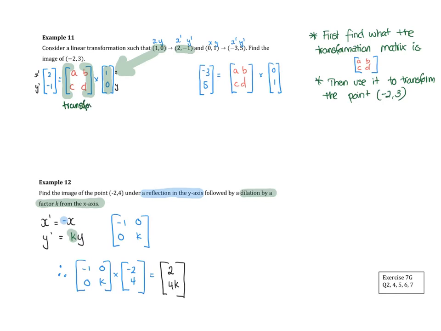We don't know what it was, so I've put letters in the spots I don't know. But I know the answer essentially was that. So when I times A, B, C, D by the original point, that's the transformation matrix. When I times it by that, they said the answer was 2 and -1. This is the image point here.